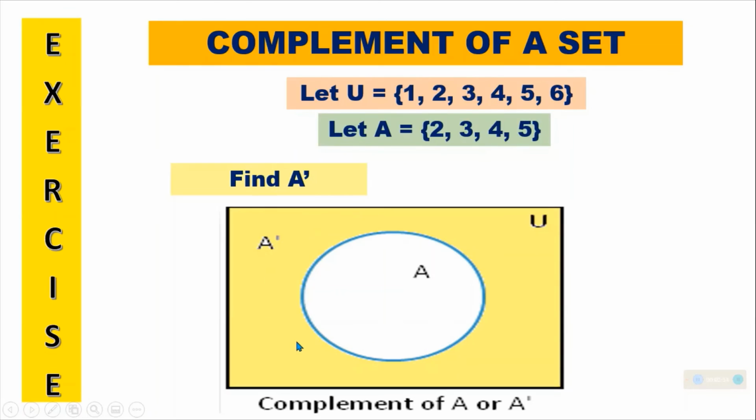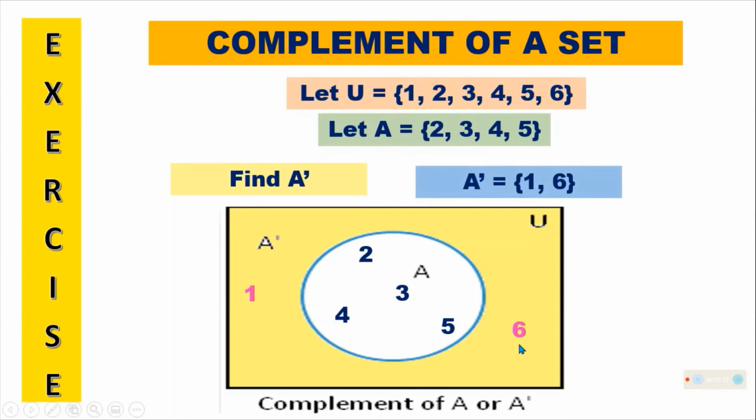Kaya, ang shaded niya lang, yung nasa labas ng set A. So, ilagay natin yung elements ni set A. 2, 3, 4, 5. Since, sa universal set, merong 1, so sa labas siya. And then 2 nandito na, 3, 4, 5. Then yung 6. So meaning, si 1 tsaka si 6, sila yung complement. So the answer is A complement is equal to 1 and 6.